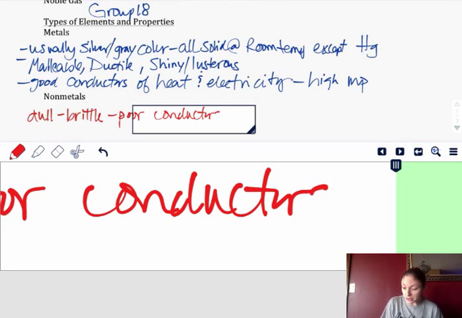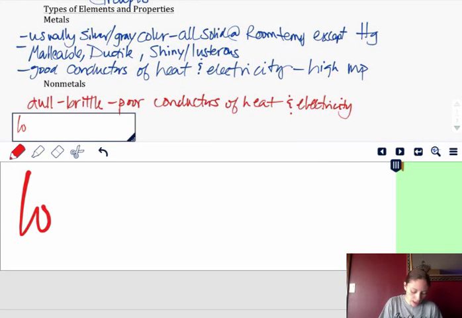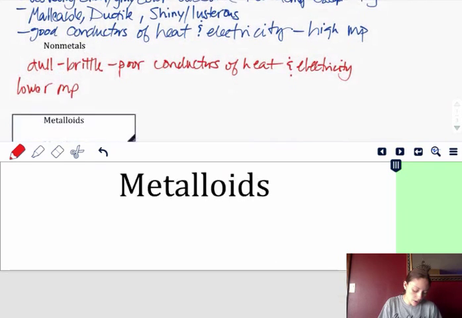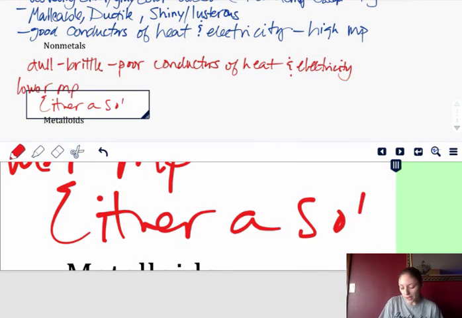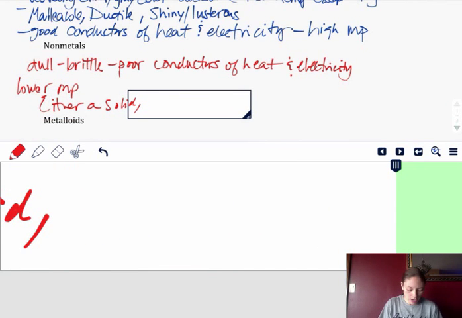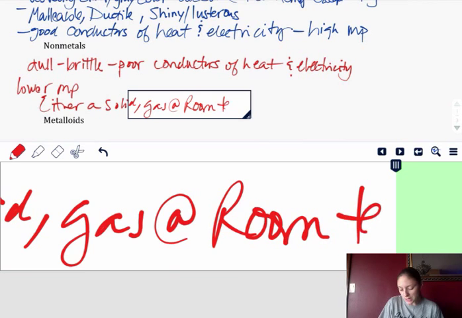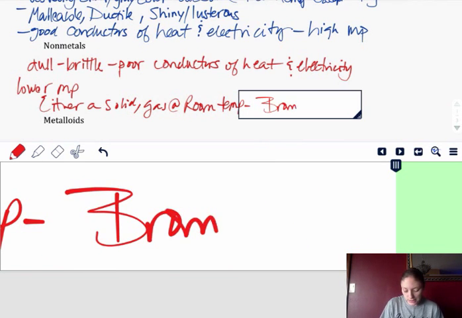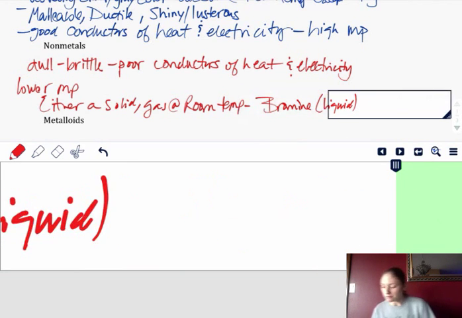If it is a solid, they tend to have lower melting points, and they are usually either a solid or a gas at room temperature. There's one exception, kind of like the mercury exception, and that is bromine. Bromine is actually a liquid at room temperature.